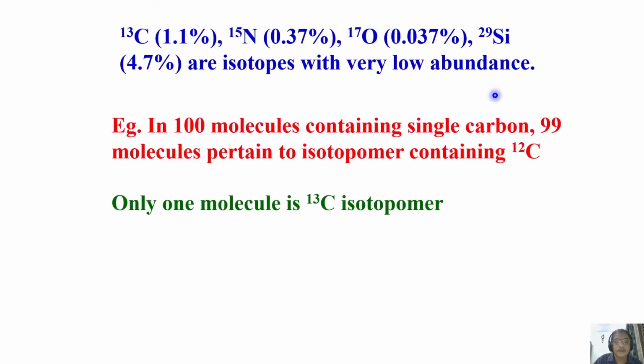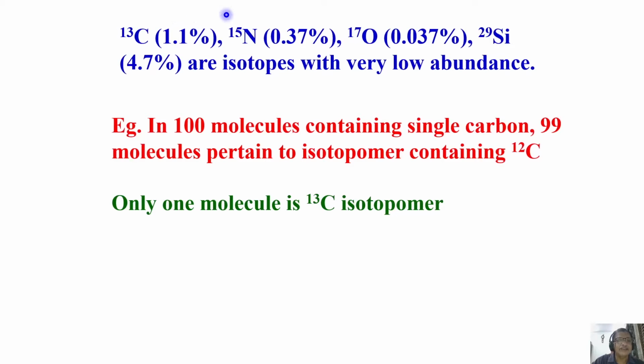For example, what does it mean? What will sensitivity tell us? What do we understand from that? Of course, we will discuss this as we go ahead in many classes. Take, for example, 100 molecules containing only one carbon, a single carbon I'm talking about.